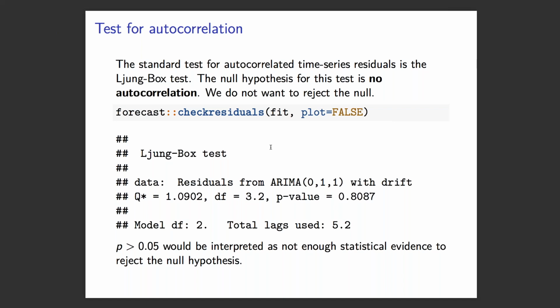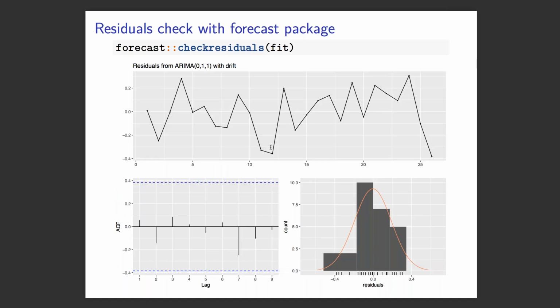And we don't want to reject the null for this. This one's kind of too bad. It doesn't tell you what the alternative is. So if you forget what the null is, you have to do question mark, checkresiduals, and look that up. But you can see here, if you just look here, you see something like that. Good. That looks good.